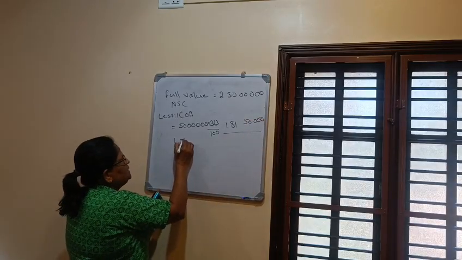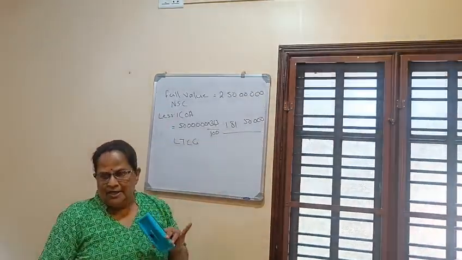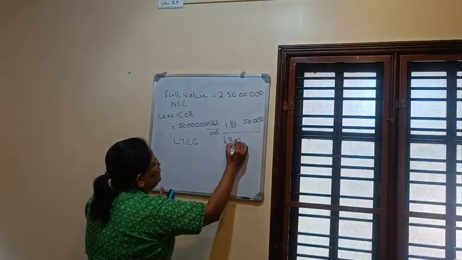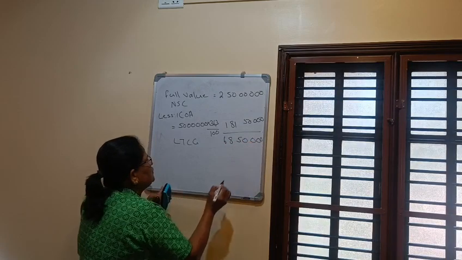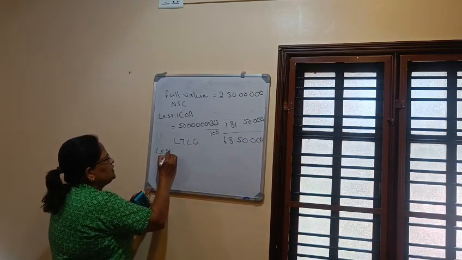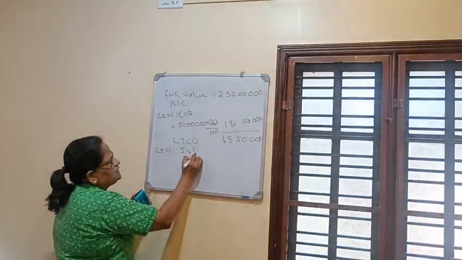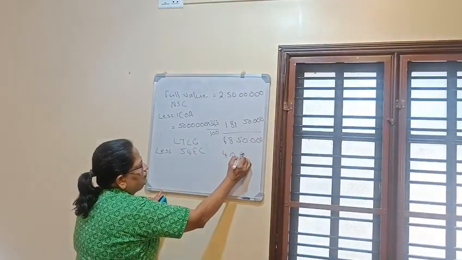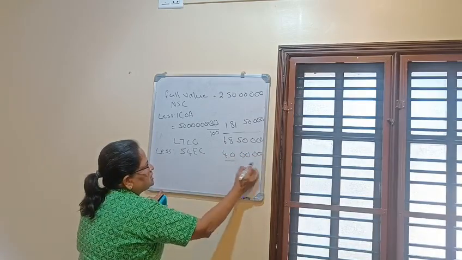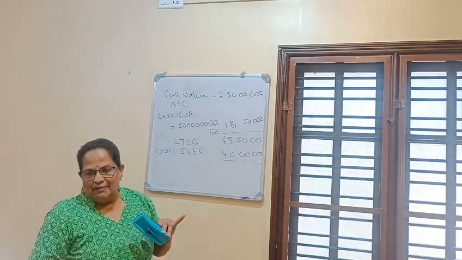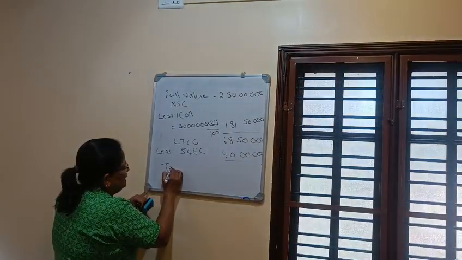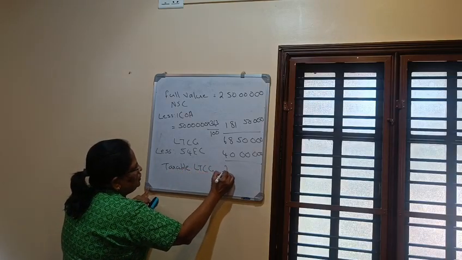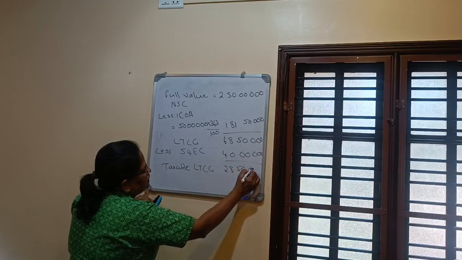So your LTCG is 68 lakhs 50,000. Now he has invested in National Highways Authority of India bonds for 40 lakhs. So his taxable LTCG is equal to 28 lakhs 50,000.